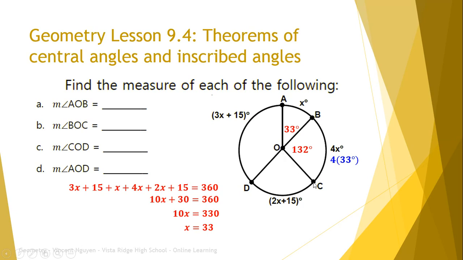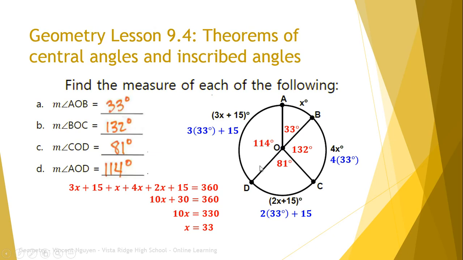We use the same thing for arc CD: 2 times 33 plus 15 gives us 81, which is the central angle COD. And lastly, 3 times 33 plus 15 gives us 114, which is central angle DOA or AOD. Either way you say it, but the O needs to be in the middle. So here are our answers.